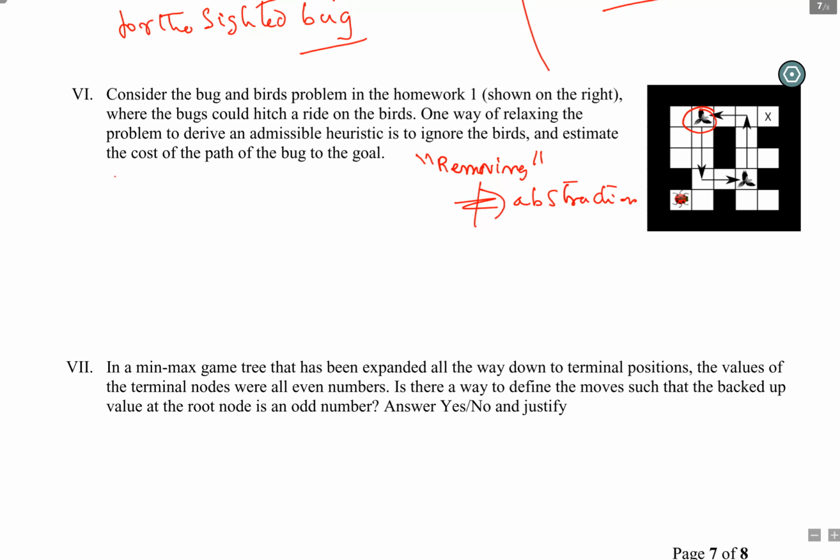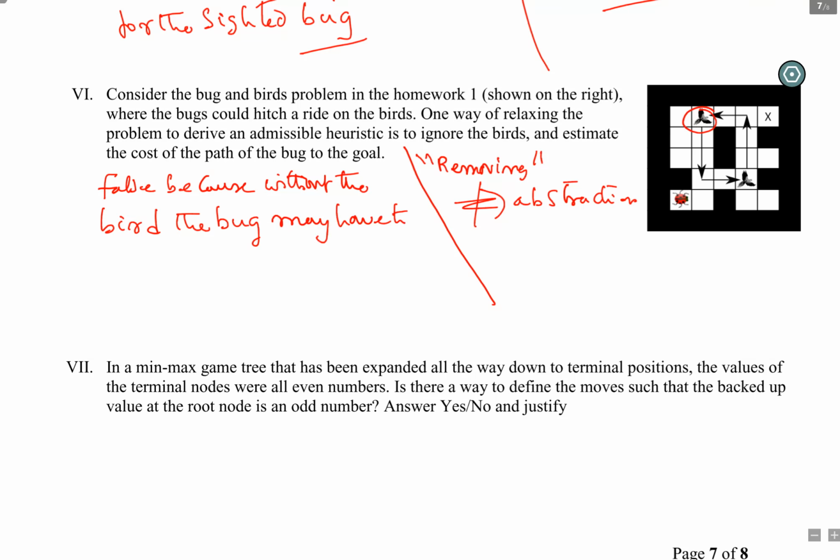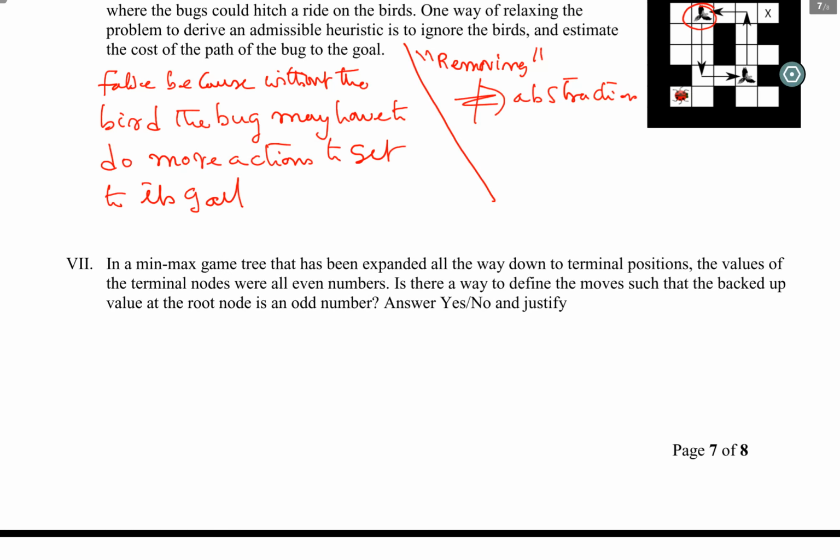So the answer we are looking for is false, because without the bird, the bug may have to do more actions to get to its goal. Okay, so that's basically the reason for why it is not actually admissible.